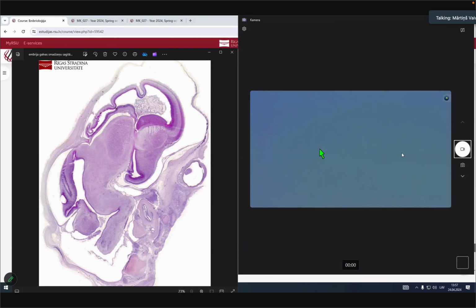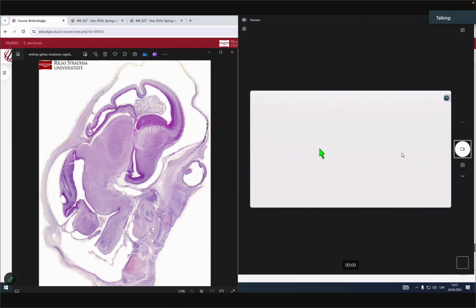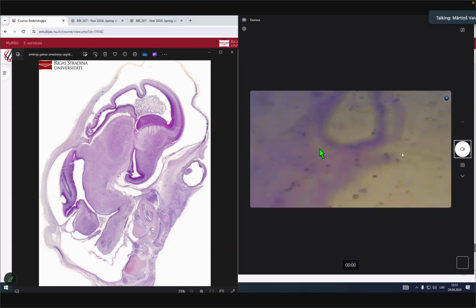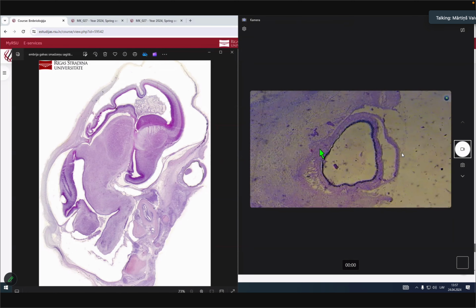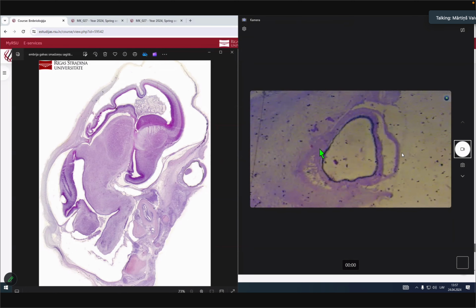Here it is. So what is the main problem with these slides? Size, so very large size. But we will go through these slides in detail. So first of all, I will use the picture here.